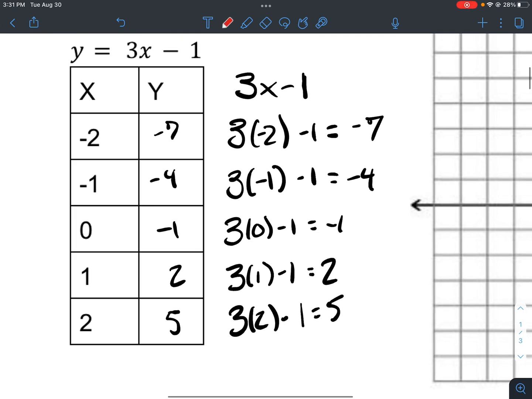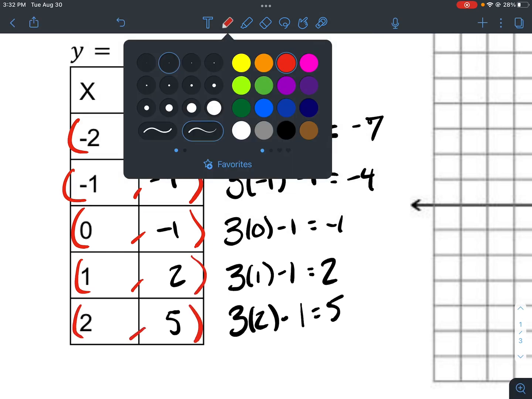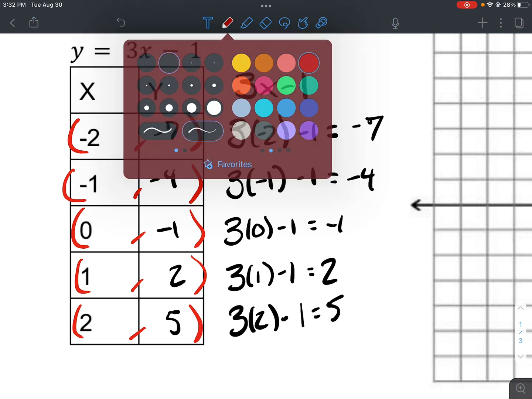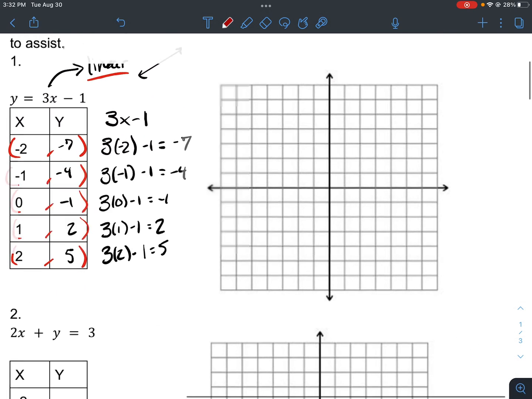Now, these are the ordered pairs. We have our x's on the left and our y's on the right. We can take those pairs and plot them on our coordinate plane. Starting at negative 2, we're at negative 7. At negative 1, we're at negative 4.